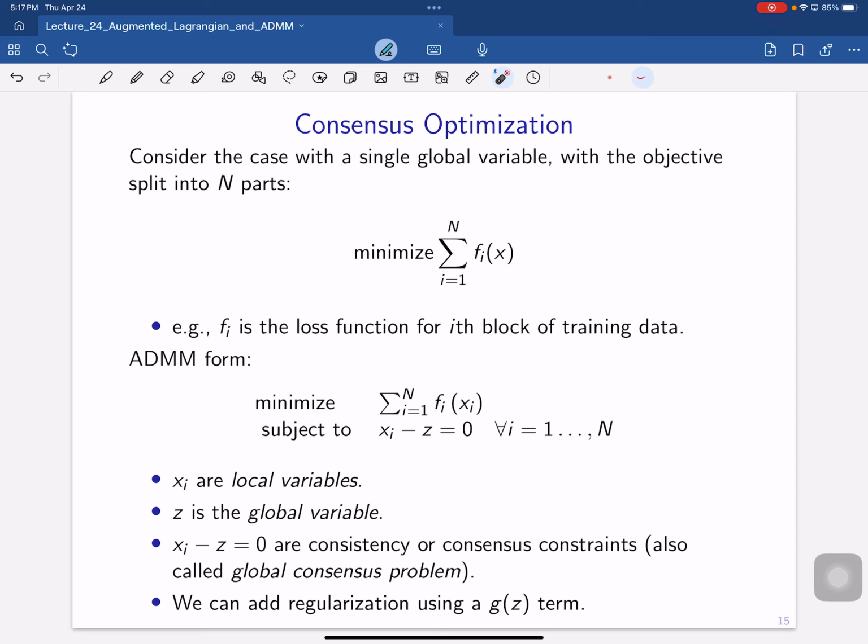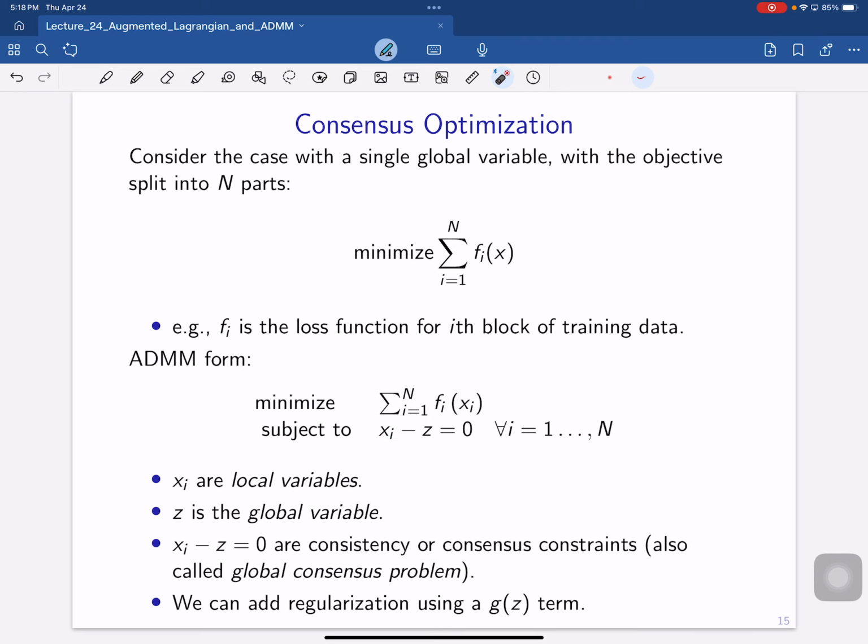So here's the type of problem you have. You have a minimizing over fi of x, right? So all the fi's are using all the x variables. But in order to make all the fi of x separable, you can create a copy for each of these problems, from 1 to n. But at the end of the day, you need to make sure all the copies you created are the same.